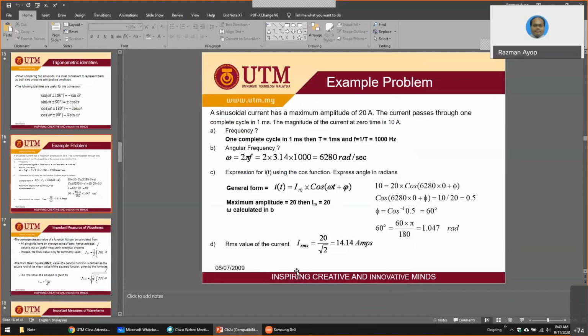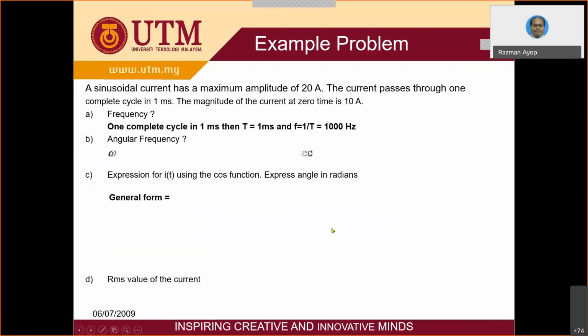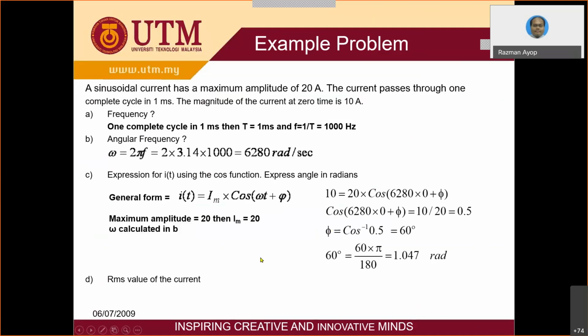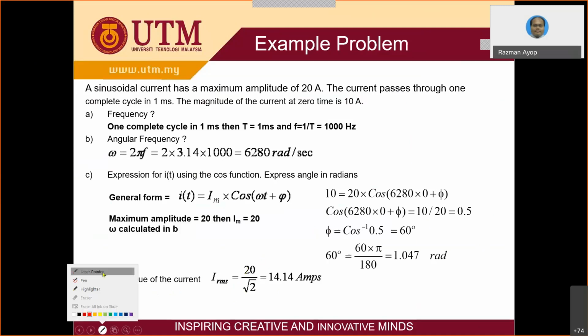And lastly, the RMS value. This one we still haven't learned. What is the RMS value? Basically, for a sinusoidal, when you want to find the RMS value, you just take the maximum value, Im, and divide by square root 2.